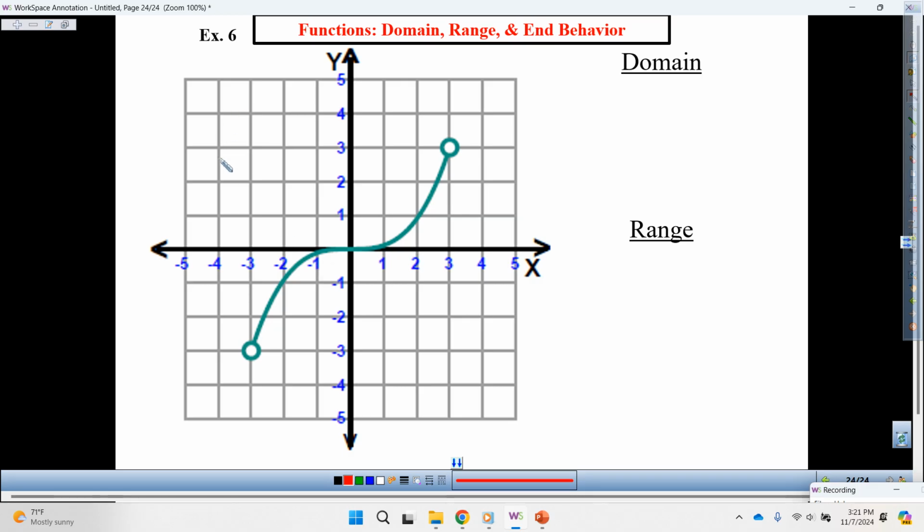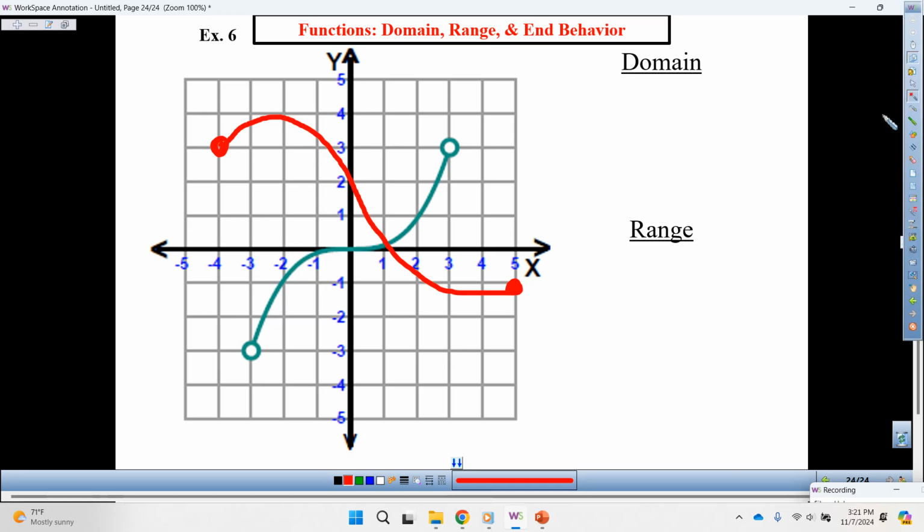Let me show you mine. Here it goes. I'm going to go from here, and I'm going to do something like that. There's mine in red, and I need to find the domain and range of that in red. So that one's mine.